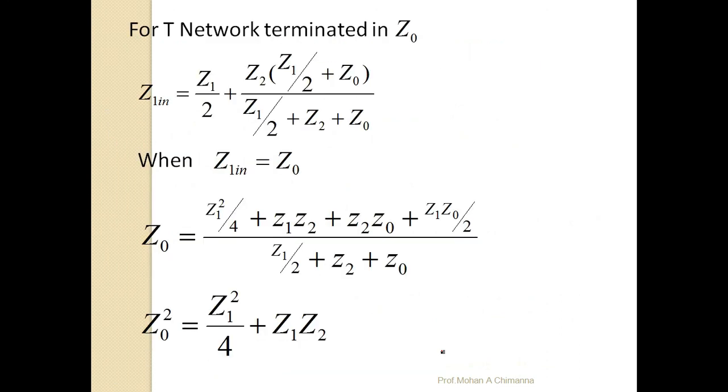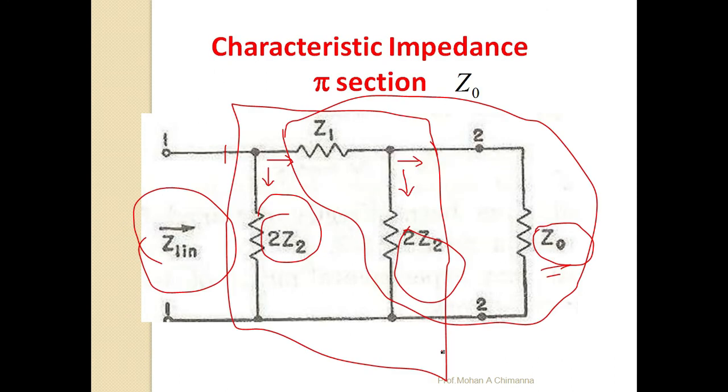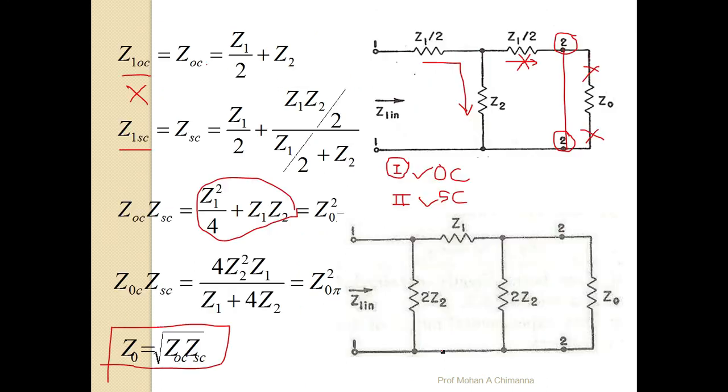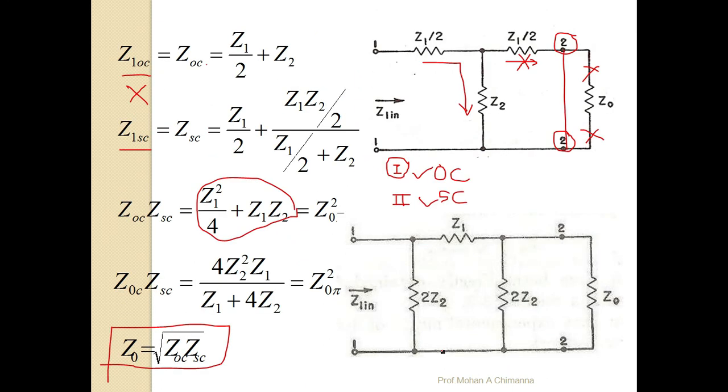The characteristic impedance of the T section is given by ZOT equal to root of Z1 Z2 into 1 plus Z1 upon 4 Z2. In case of the pi section, Zin is equal to Z0 square, and the relationship we have seen for the two conditions, open circuit and short circuit, Z0 is equal to root of ZOC and ZSC.